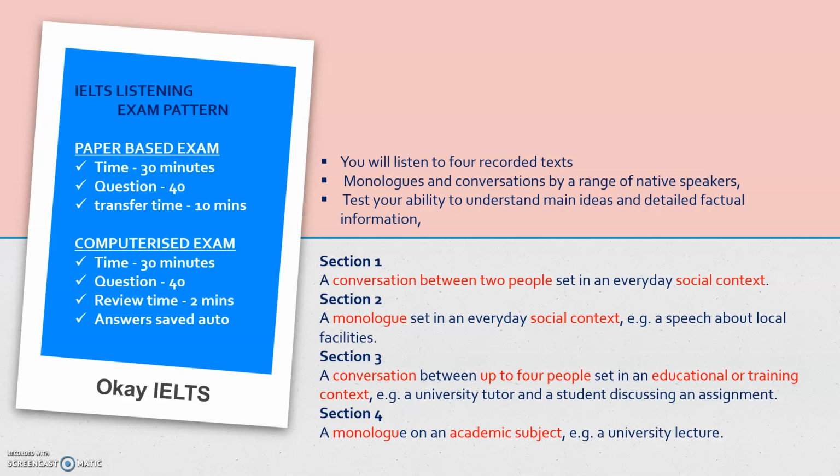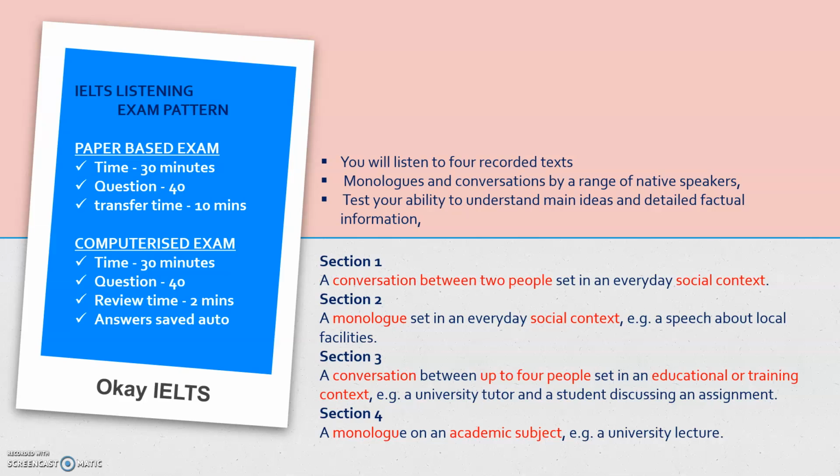Social in the sense of day-to-day life, general life topics. It could be a hotel reservation, like you are going to book a room in a hotel, or getting details about a flight at the airport, or maybe a student registering himself at a library. So section 1 and section 2 talk about social context, everyday life, nothing abnormal.